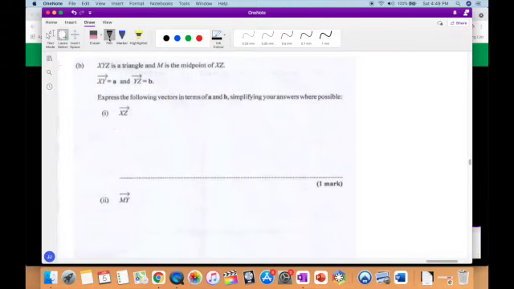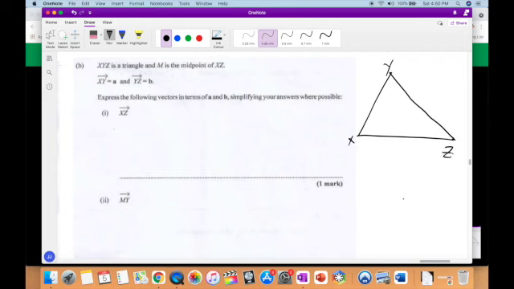XYZ is a triangle and M is the midpoint of XZ. So I don't know how this triangle is, but let me just draw a triangle. We call this X, Y, and Z, right?